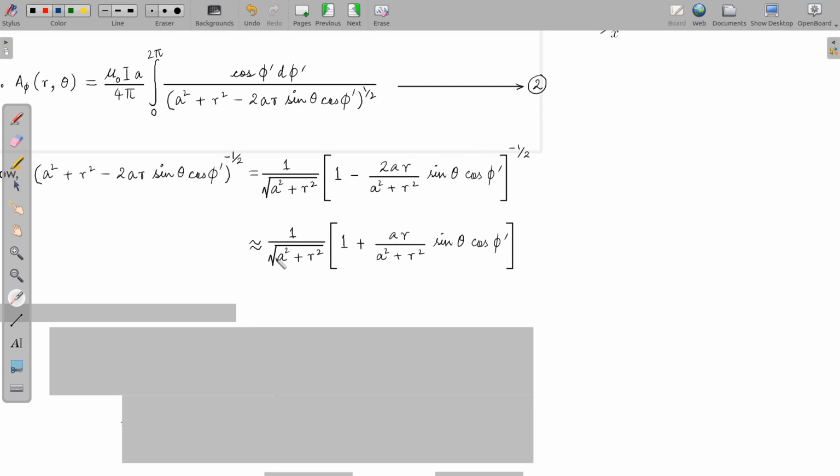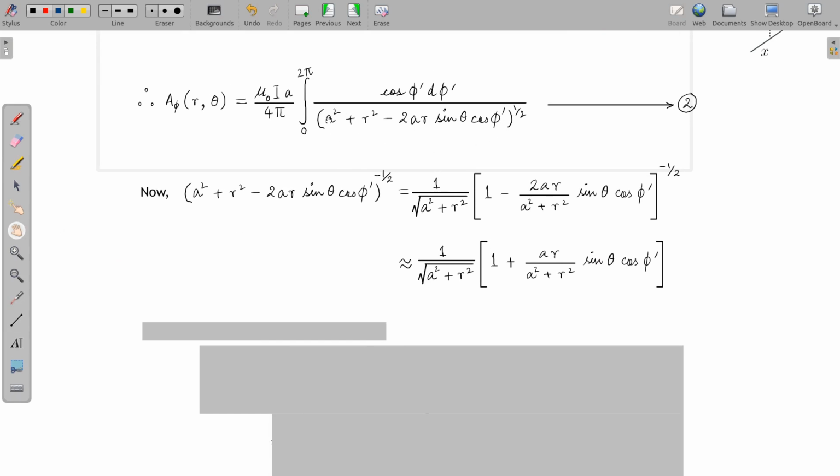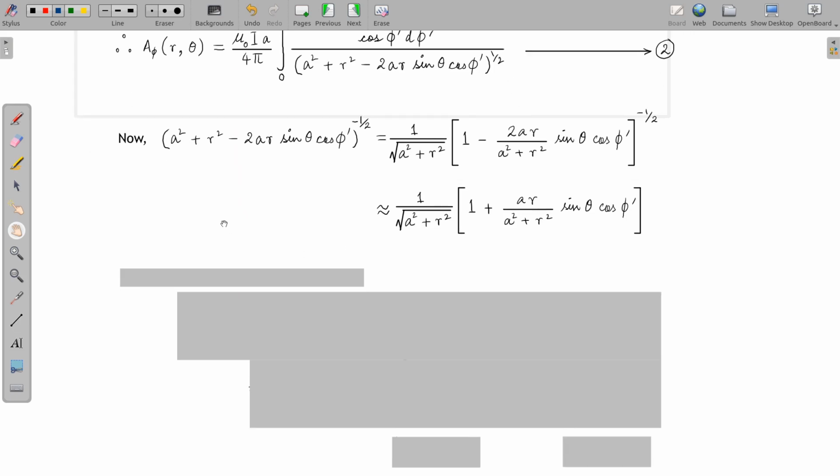This quantity is approximately equal to 1 by under root a square plus r square, which remains as it is, then minus 1 by 2 multiplied with this one. Minus and minus become plus, and the 1 by 2 cancels the 2 here. So we have a r divided by a square plus r square into sine theta cos phi prime. This is the approximation of the quantity in the denominator, so this entire quantity can be replaced with this.